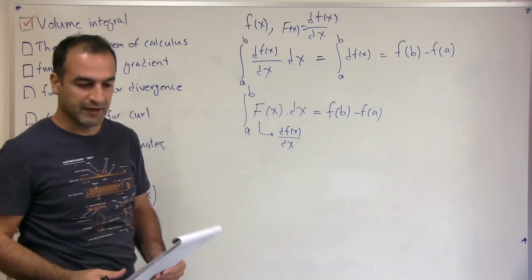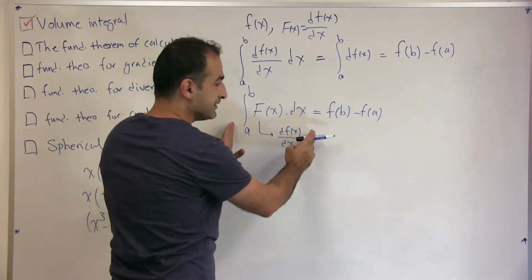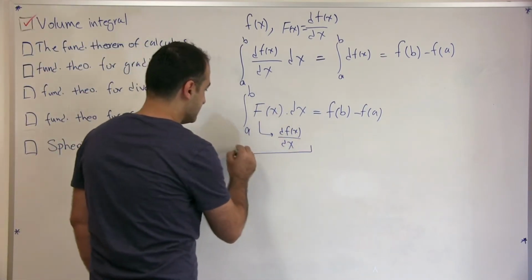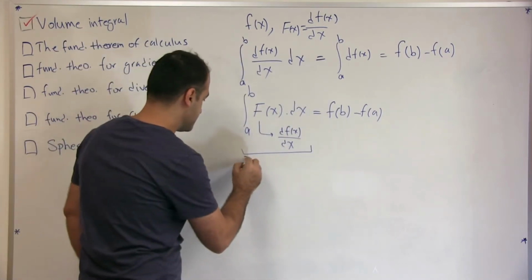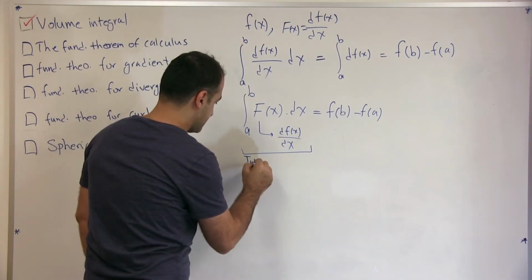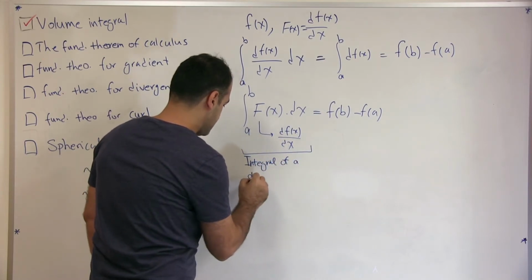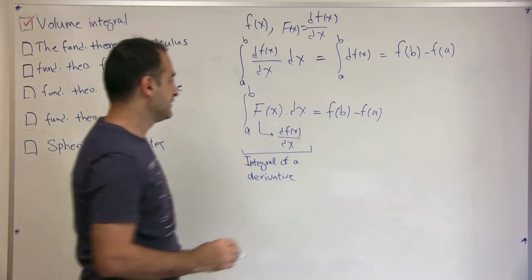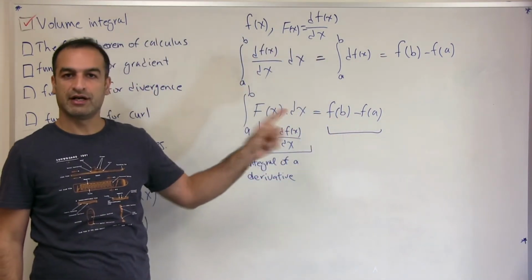Okay, if I want to put it in words, what's happening here is that we have the integral of a derivative. So this integral is the integral of a derivative of a function. I just write it down and I'm going to repeat this over and over for our discussion today. So we have here the integral of a derivative, and what we have on the right-hand side is the value of the function on the boundary.